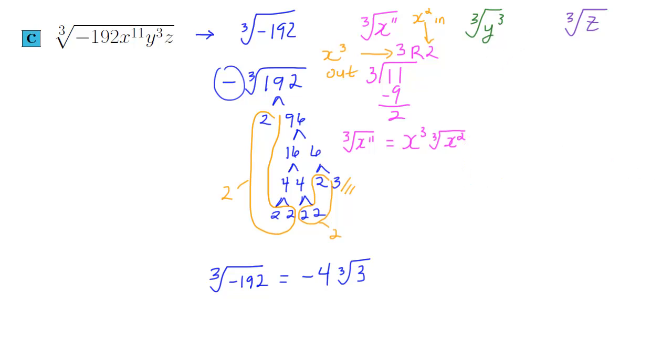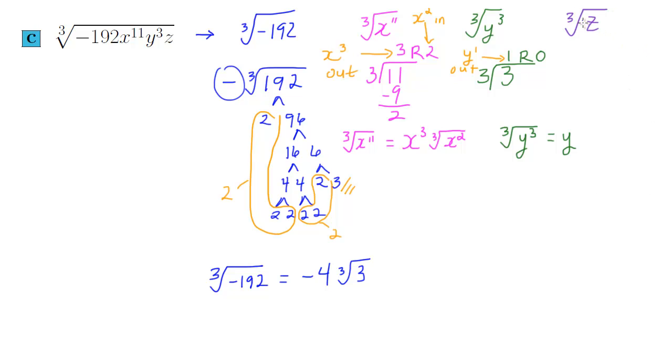Alright, now we have to move on to the cube root of y cubed. We have 3 y's that we need to break into groups of 3. 3 goes into 3 one time with no remainder, which means that altogether we have a single y outside and no y's left inside the radical. So my cube root of y cubed is going to give me just y.